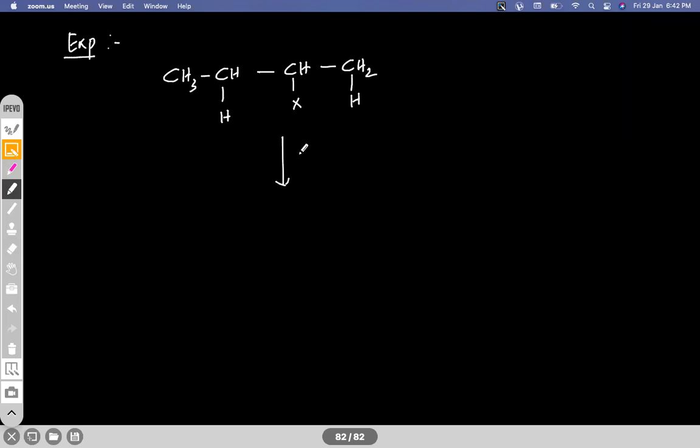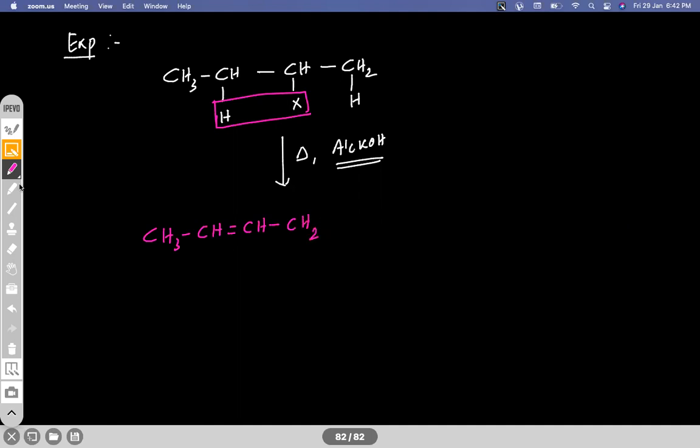When it is heated with alcoholic KOH, then what happens? One possibility is this H and X combines and forms HX. We get a double bond here. So the product would be this. One of the products is this, CH double bond CH CH2.